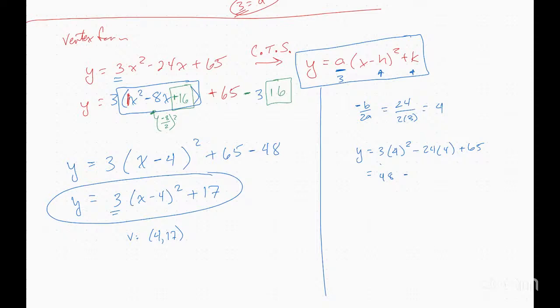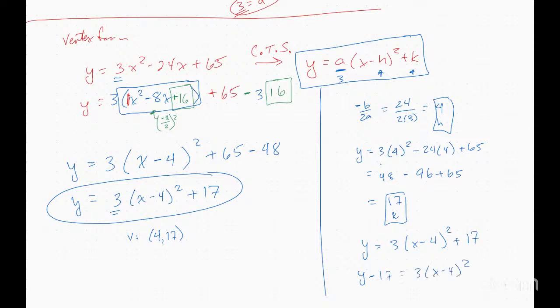So there's your h, and there's your k. Now you can write the equation: y equals, you already knew a was 3, x minus 4 squared plus 17. Or you could write it in this format. Same thing.